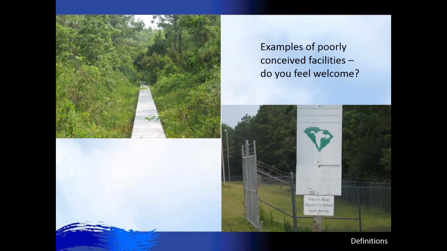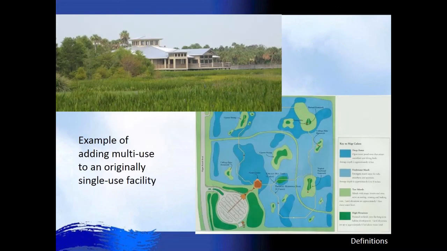And probably the best example that I saw was this nature center that was placed right adjacent, nearly into, a wastewater treatment facility wetland. This actually occurred as a second facility after the municipality had success with another project.